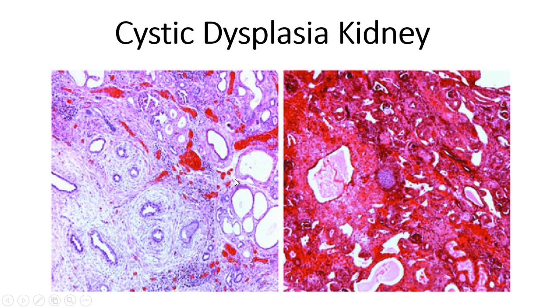But in here, can you see the glomerulus here? No. What you see here is only enlarged tubules, without evidence of intact glomerulus. So this is characterized by disarranged or abnormal cell shape and structures. So this is related with dysplasia.